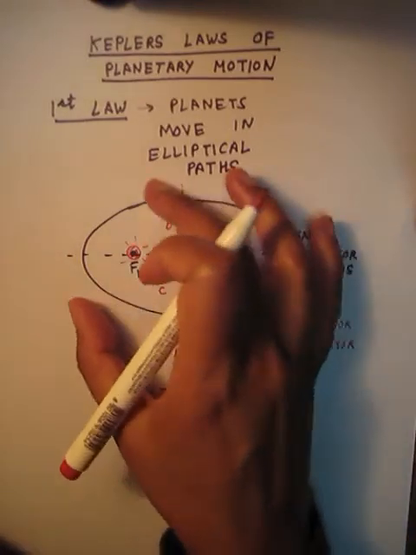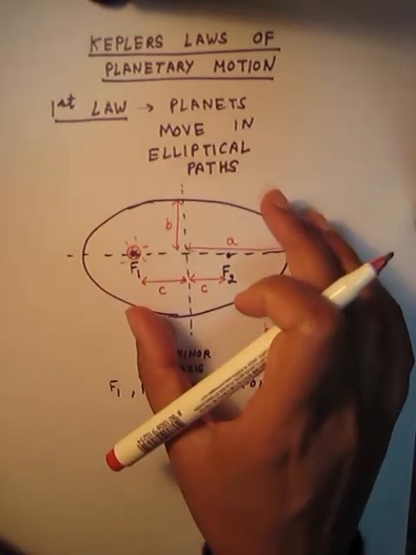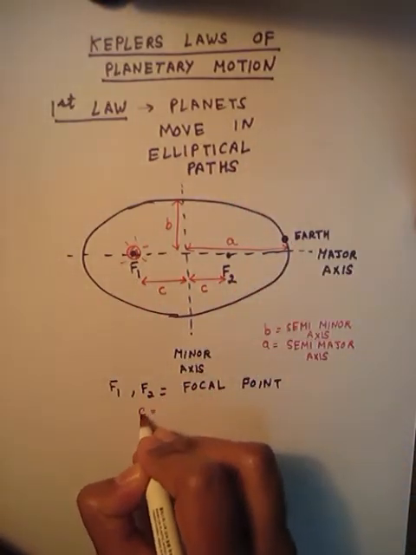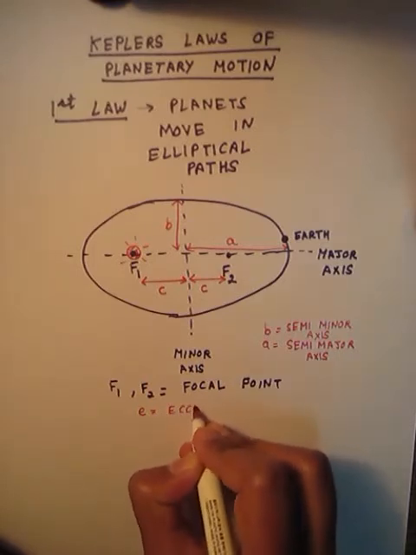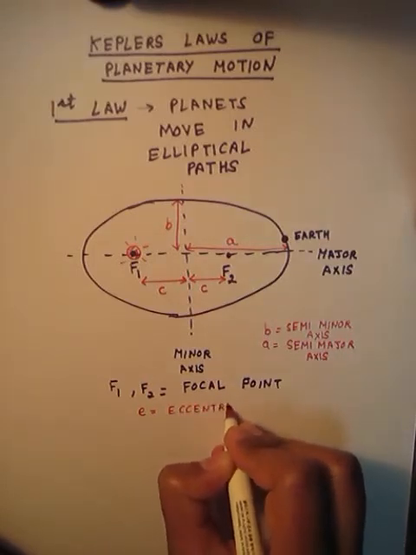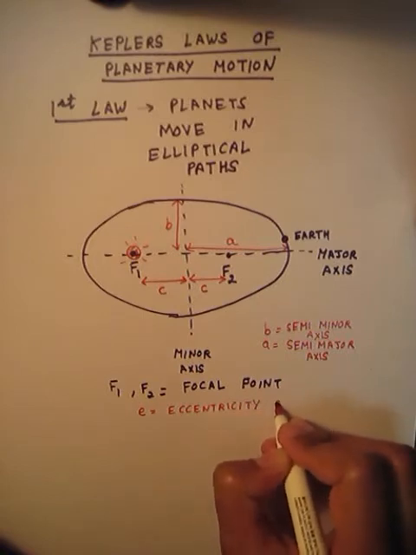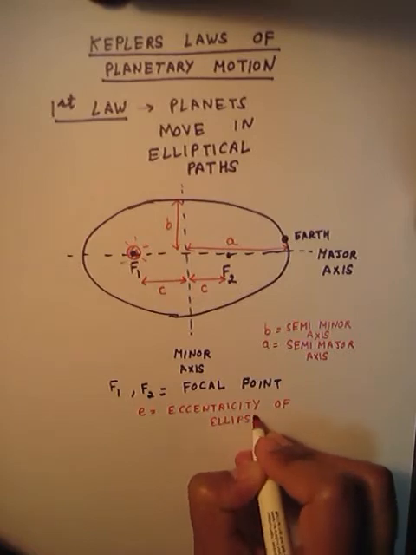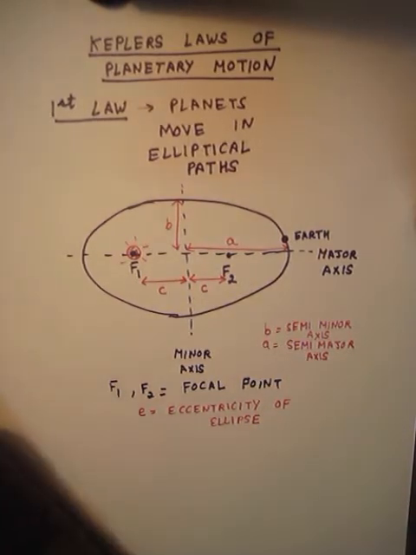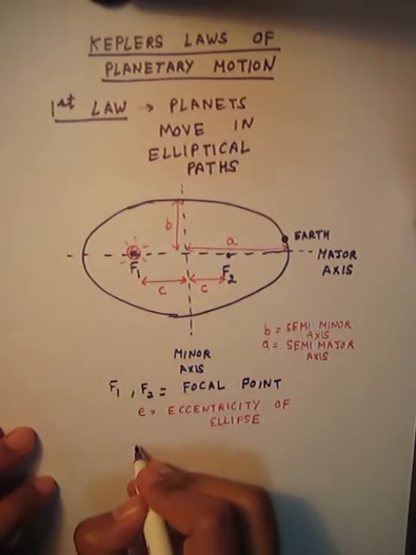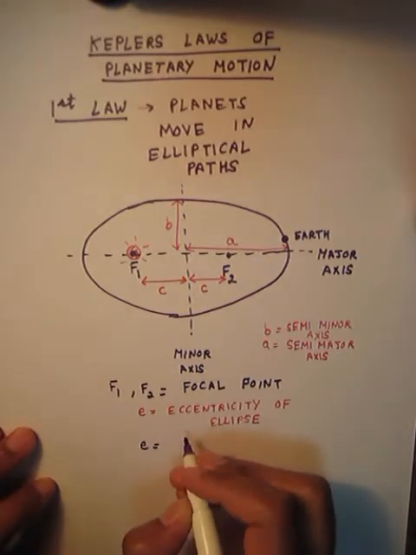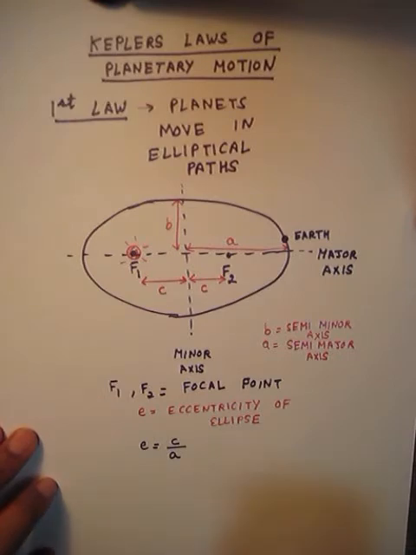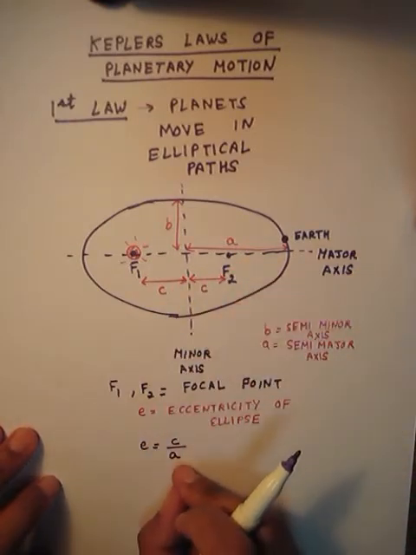And how much eccentricity an ellipse has depends upon a factor which is called E. E is called the eccentricity of the ellipse, and it is given by C upon A. C is this distance upon A, the semi-major axis.